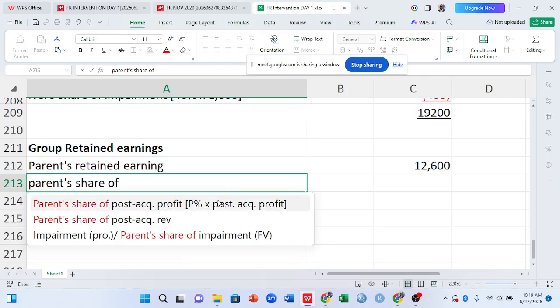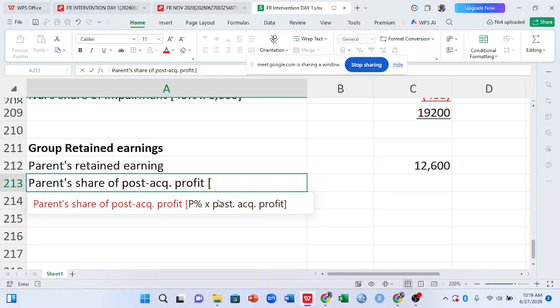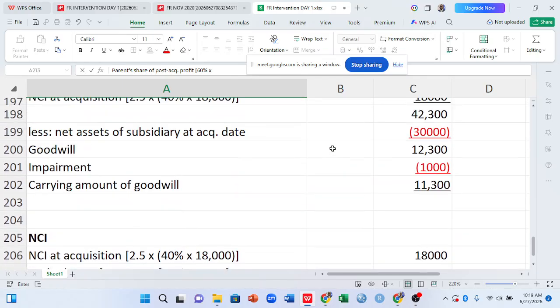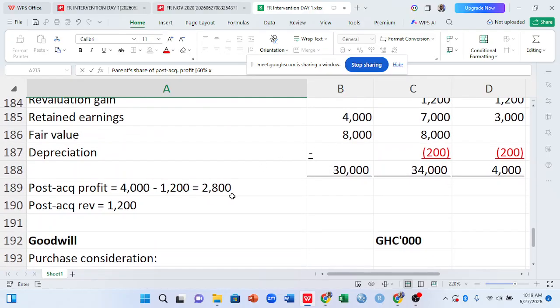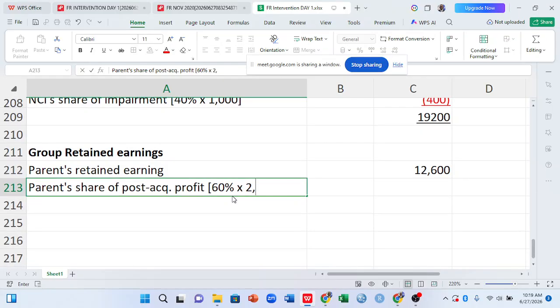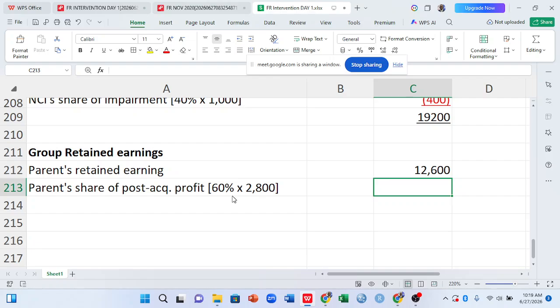The next thing we do is parent's share of the post acquisition profit, which is 60%, which is 2,800 in this case. So we bring that here, 2,800. What do we get? 1,680.